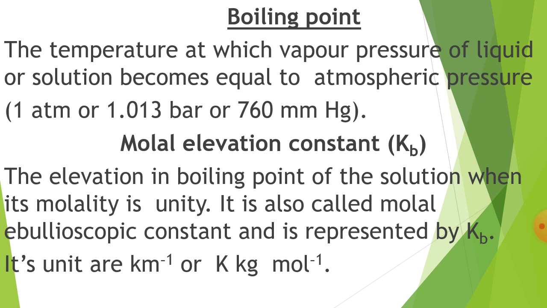In that condition, that temperature is known as the boiling point. Just like for water, the boiling point at 1 atm is 100 degree. That means at 100 degree, water in the form of liquid and water in the form of gas both exist.